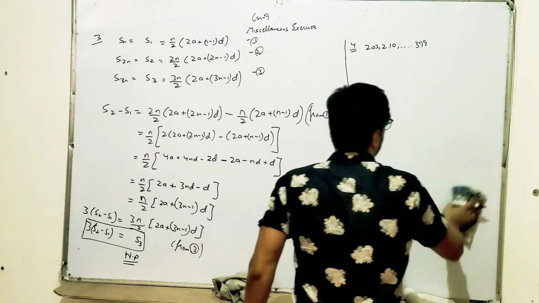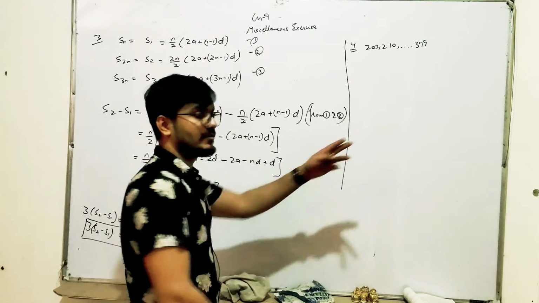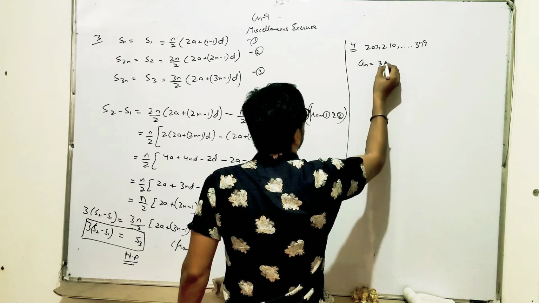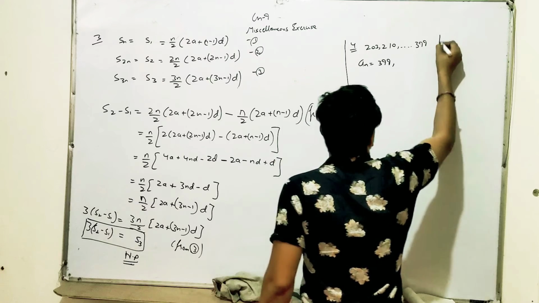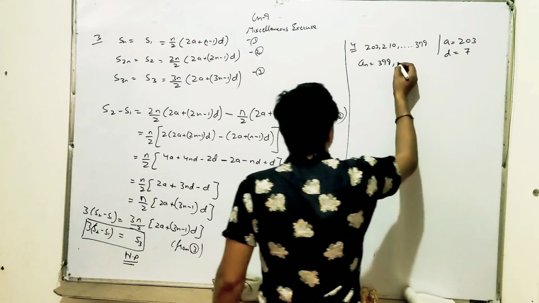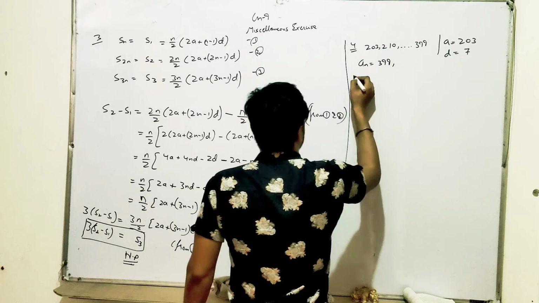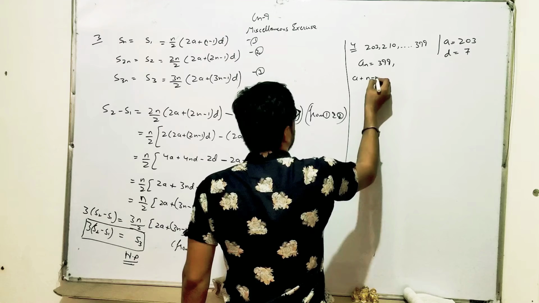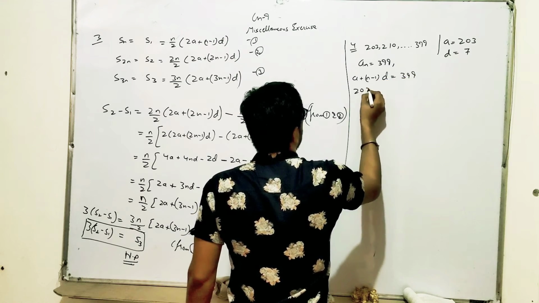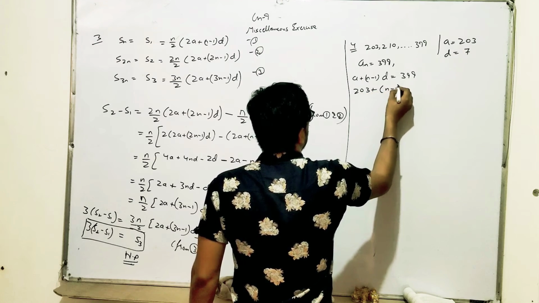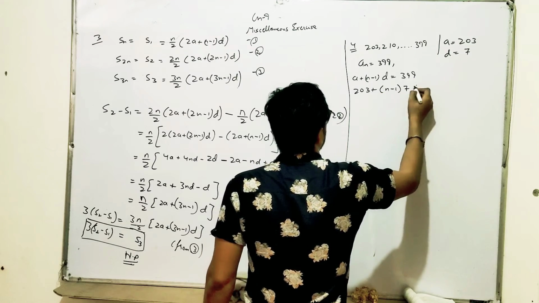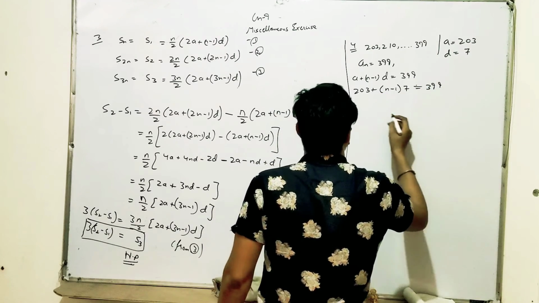How you have got the numbers which are divisible by 7, I have shown you. So the last term an is equal to 399, a is equal to 203, d is equal to 7. The formula for an is a plus (n − 1)d, which is 399. So a value is 203 plus (n − 1), d value is 7, is equal to 399, right?